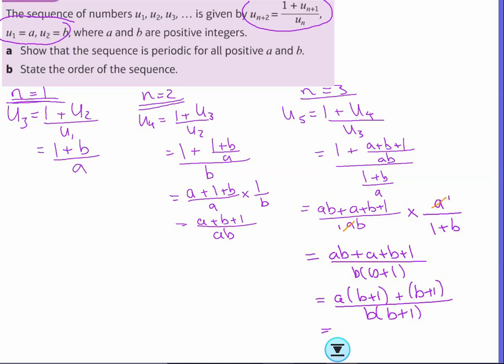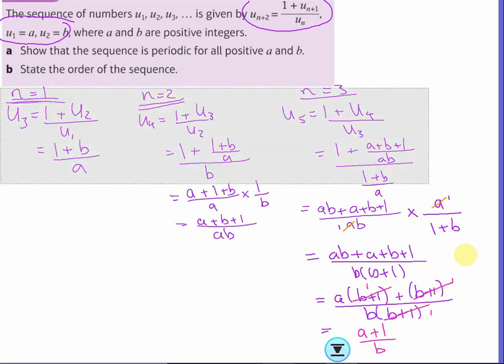That's going to simplify it. So if I divide this term by b plus 1, it's a 1. If I divide this term by b plus 1, anything divided by itself is 1, and the same here. So I actually end up with a plus 1 over b. Right, it's going to make me go further, isn't it? Right, so, wow.